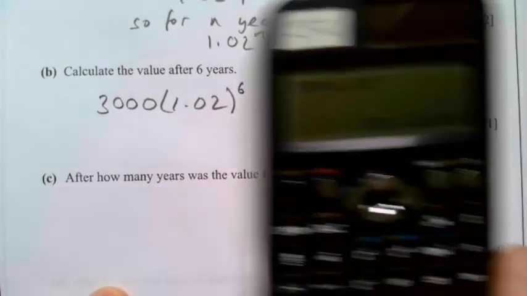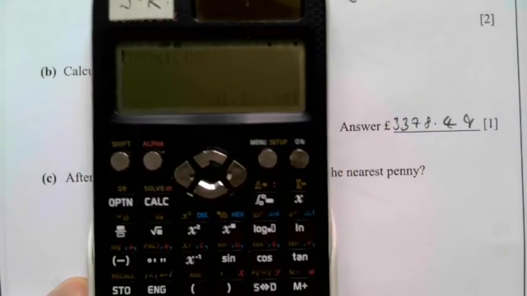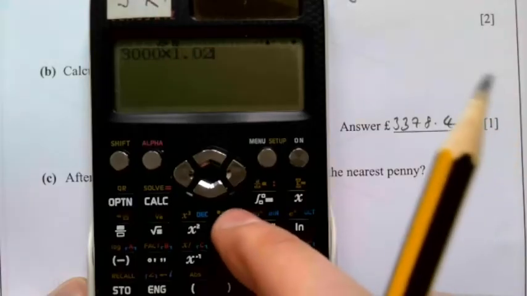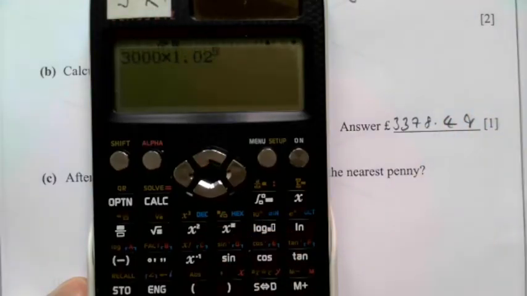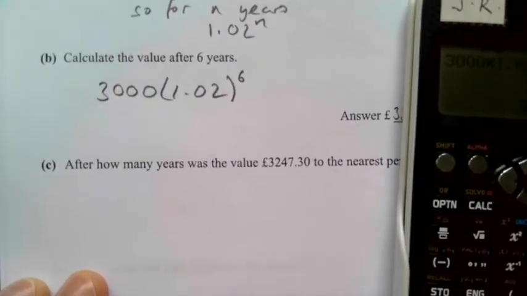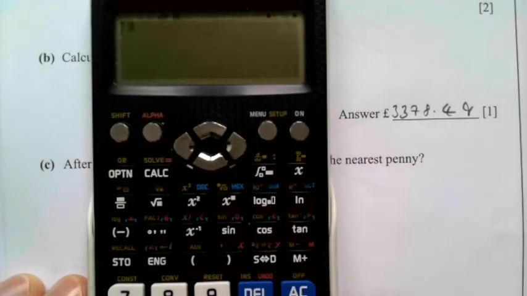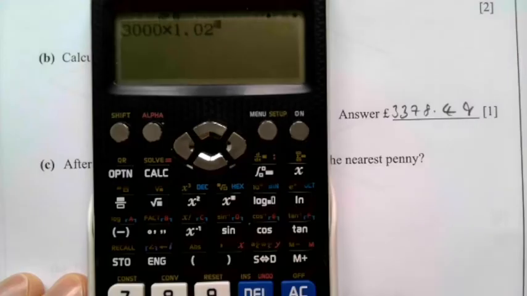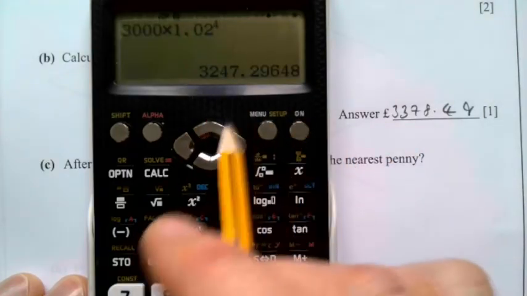That's no good, so that's too big, so let's try 4. 3,000 times 1.02 to the power of 4. 3247.30.